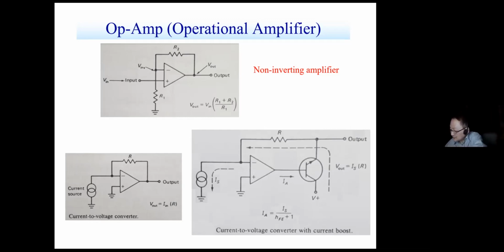So this one is R1, R2, this one is minus, and this one VO. So VO is VI times R1 plus R2 divided by R1. But this one is difficult to see.